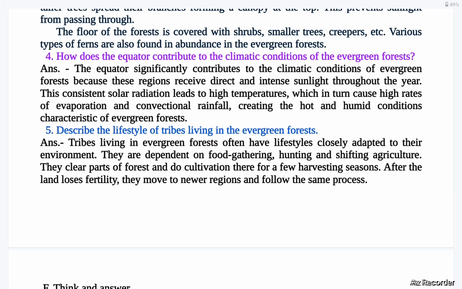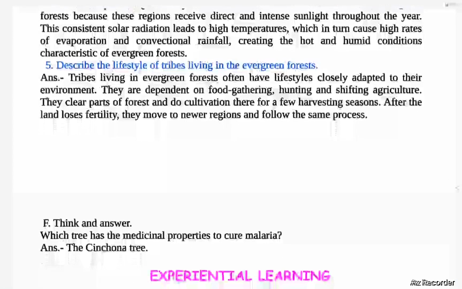This consistent solar radiation leads to high temperatures, which in turn causes high rates of evaporation and convectional rainfall, creating the hot and humid conditions characteristic of evergreen forest.